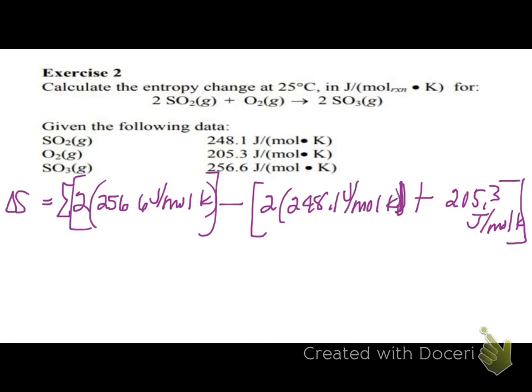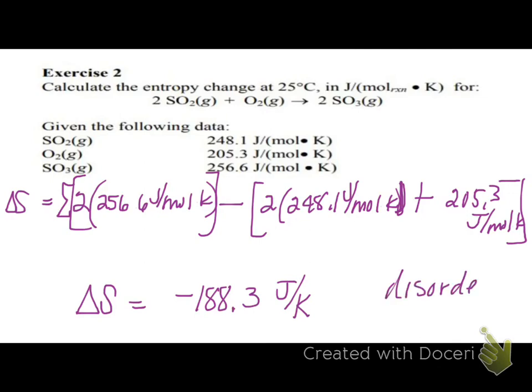So we put all that in our handy dandy trusty little calculator, and we should get that delta S is equal to negative 188.3 joules per K. So what happened to our disorder? It starts becoming more orderly.